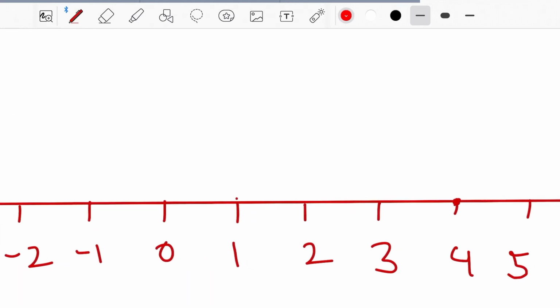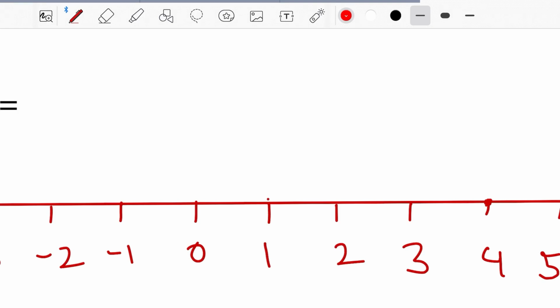So let's begin. Starting at 4, moving 1 space to the left, it takes us to 3. 2 spaces, and while we move, I want you to think about how it makes sense. 4 minus 1 is 3, 3 minus 1 is 2, or 4 minus 2 is 2.